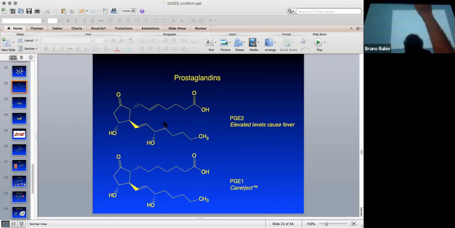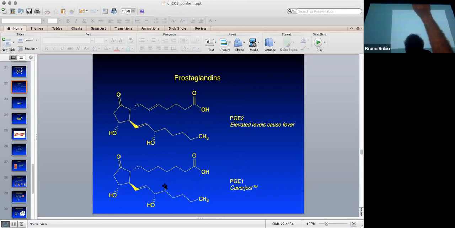This molecule here, this PGE2, is what causes a headache. This is what causes certain kinds of pain. The enzyme that constructs this molecule is disabled by the non-steroidal anti-inflammatories, right?